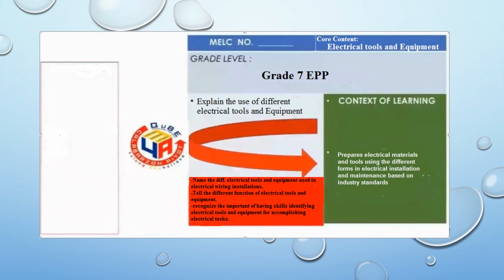For this one, you're going to name the different electrical tools and equipment that can be used in electrical wiring installation, tell the different functions of electrical tools and equipment, and recognize the importance of having skills in identifying electrical tools and equipment for accomplishing electrical tasks. And the context of learning is preparing electrical materials and tools using the different forms in electrical installation and maintenance based on industry standard.